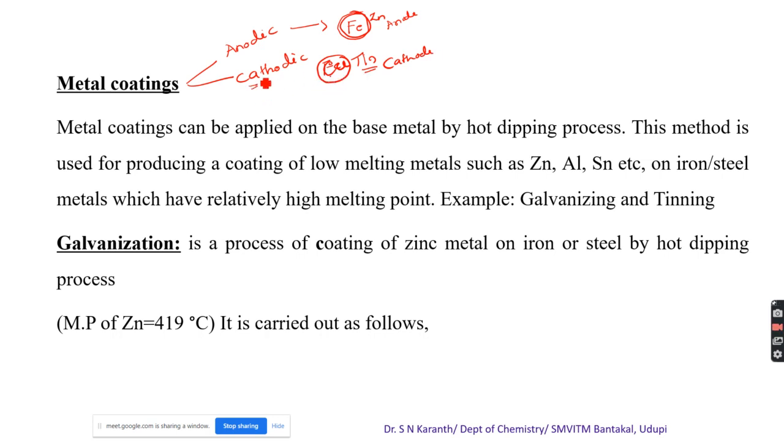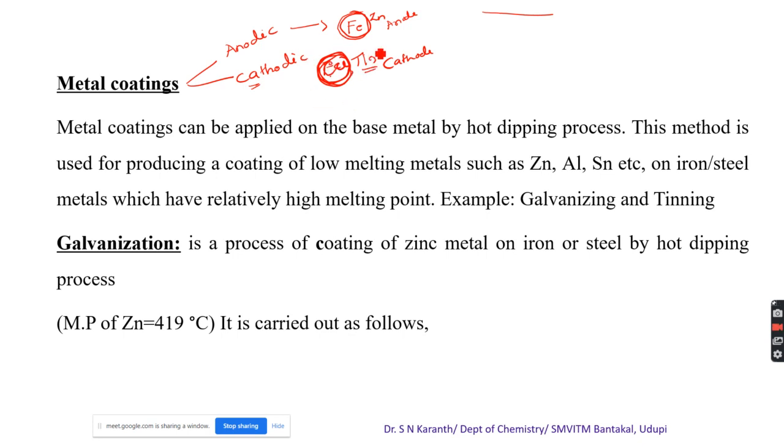So that protection, we call it cathodic protection. Depending upon the coating method, we name it as anodic coating or cathodic coating. In anodic coating, a more active metal is coated over the base metal. In the case of cathodic coating, the less active metal is coated over the base metal.